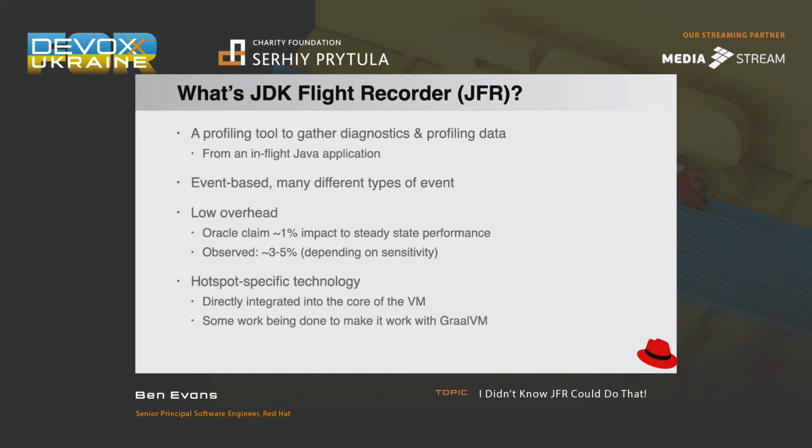But the aim of it is to be able to give that controllability to the developer, so that you can either have only a few events and have very little impact on steady-state performance, or if you want a more detailed view, you can turn up the number of events that you're analyzing and creating in JFR, and that obviously will cost you a bit more performance. So this trade-off is in the hands of the application owner.